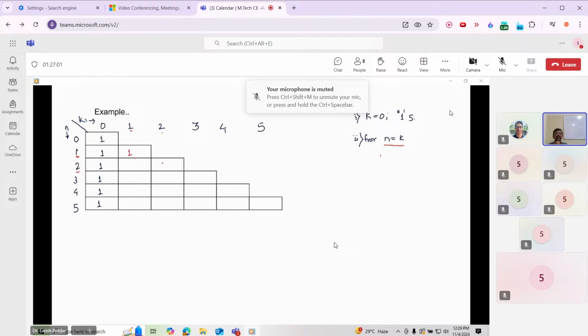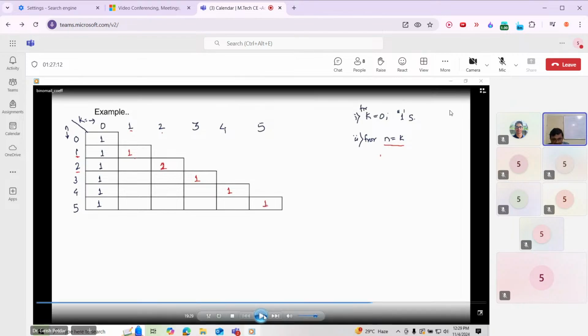For 2,2, this is also 1, this is also 1, and this is also 1. Understood? So the k equal to 0 column becomes all ones. Then all diagonal entries become 1 because n is equal to k. This is the n value and this is k. Now, a very simple thing to calculate the other elements.